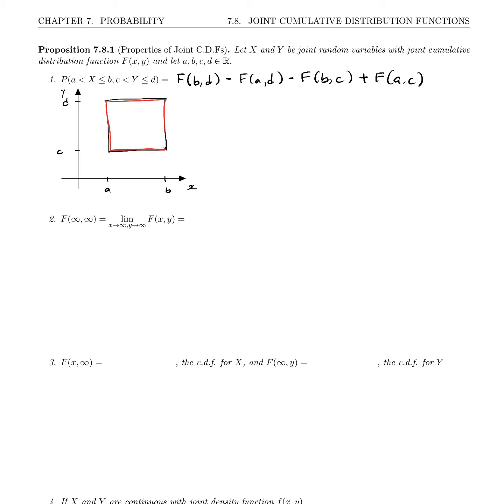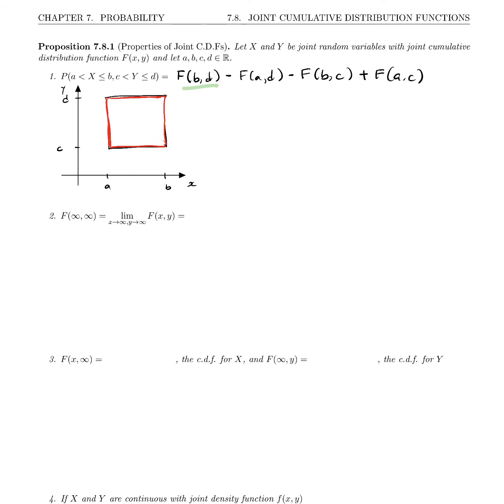Now, if we do F of BD, that's everything that is below D and below B. So we're getting the region that we want, but we're also getting way too much. And so we need to subtract some stuff off to get rid of that.